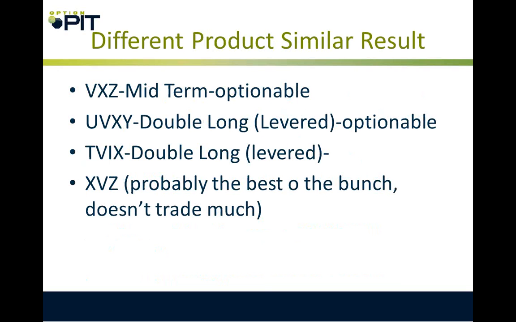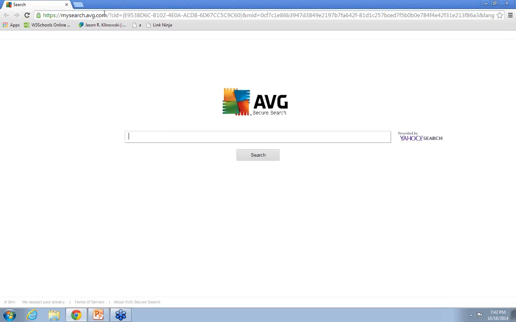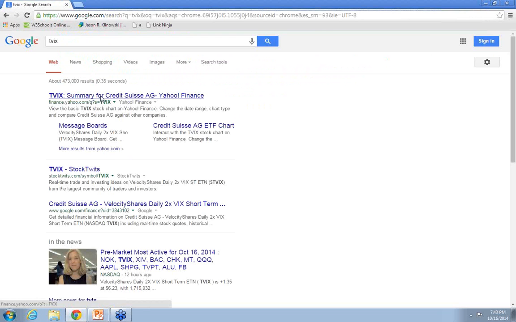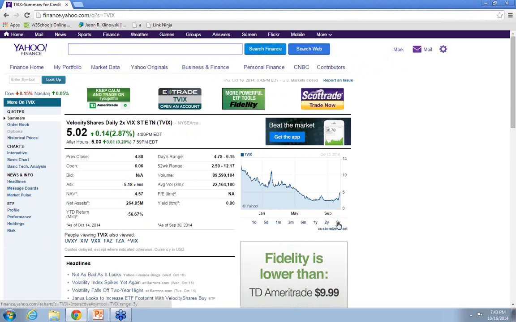All right. UVXY is the double long, so it's levered. So in fact, it actually is worse, more than doubly as bad as VXX. TVIX, much the same. Here, let's pull up a long-term chart of TVIX. I think you guys will like this one. I think TVIX might be worse.